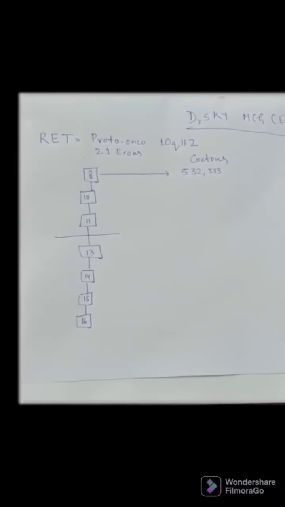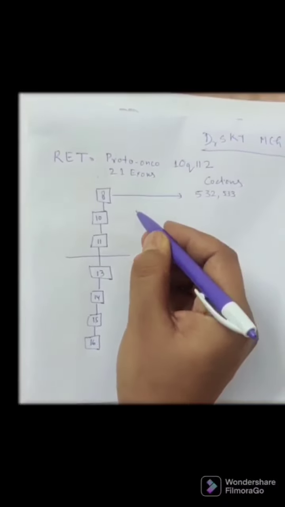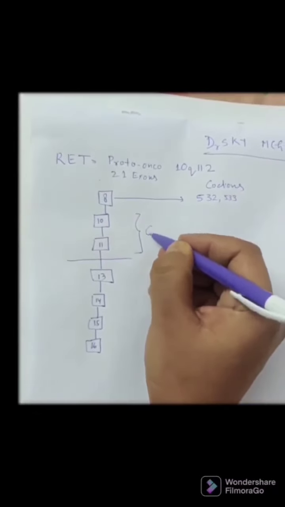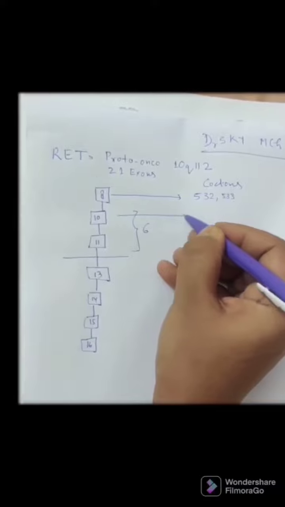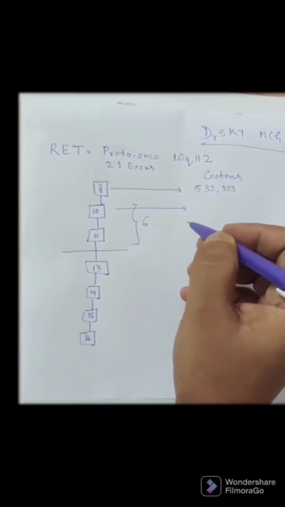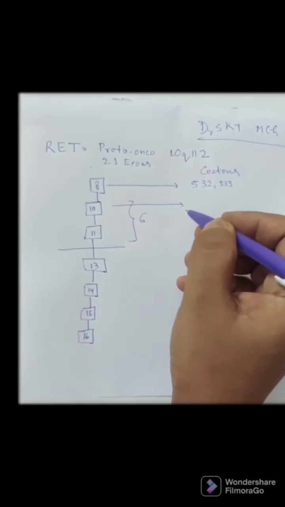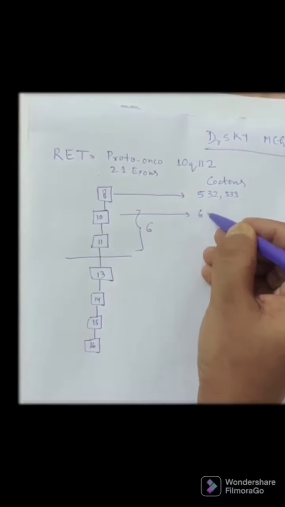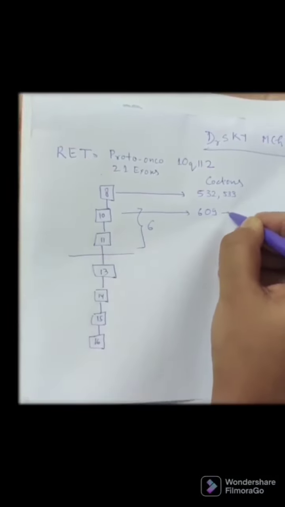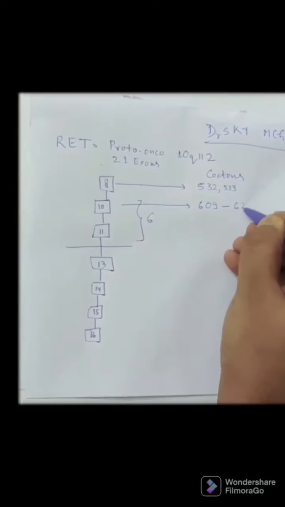Then on exon number 10 and 11, series 6 is located. On exon 10 the codons are from 609 to 620.